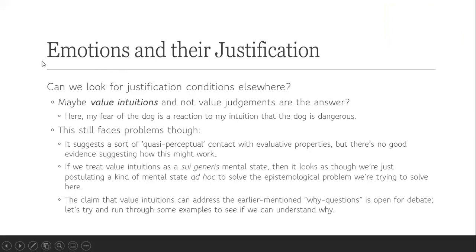And the authors here briefly explore the idea that instead of value judgments, maybe value intuitions can supply us the answer we need. So instead of making some kind of deliberative judgment about the offensiveness of a remark or the danger of a dog, my fear of the dog, or my anger at an offensive remark, is my reaction to my intuition that the dog is dangerous or that the remark is offensive.